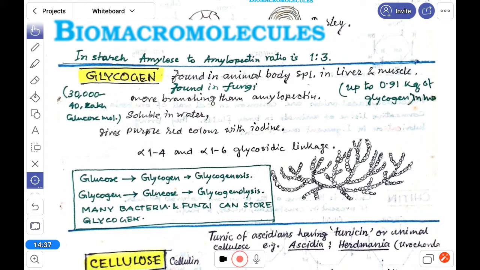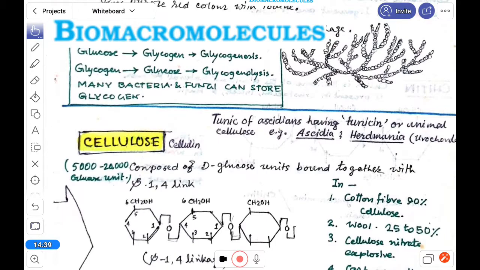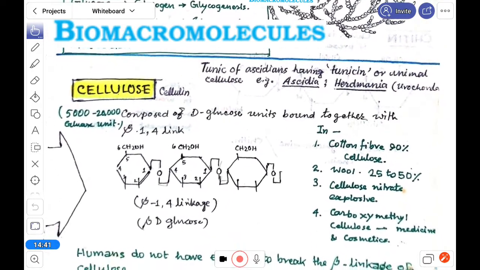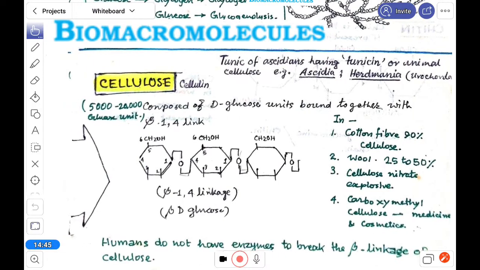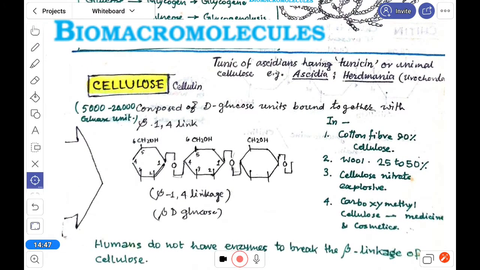Now the next one is cellulose. In cellulose, beta linkage is available. See this beta 1,4 linkage, beta D glucose. Here also a huge number of units is there, and the 1,4 linkage is in a straight chain.